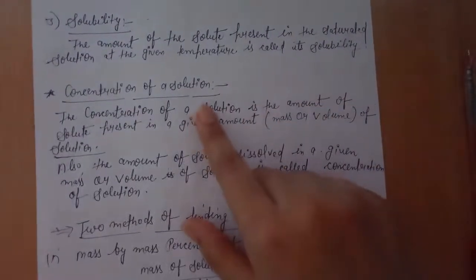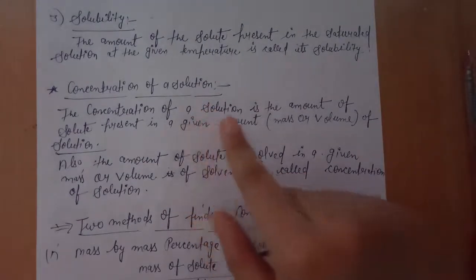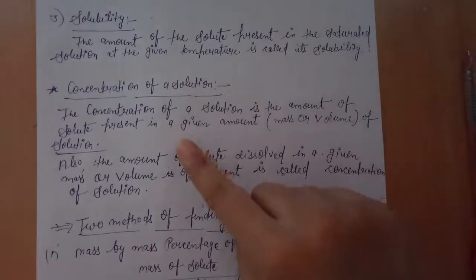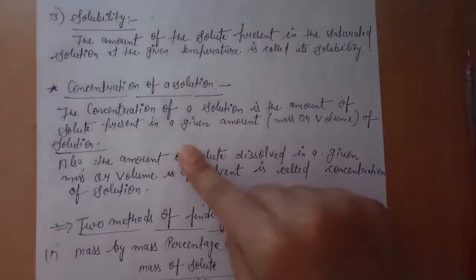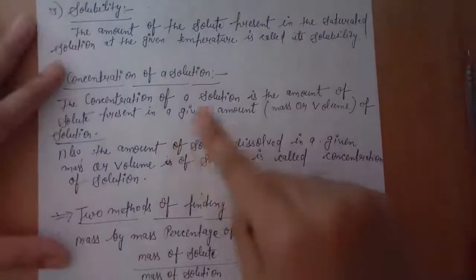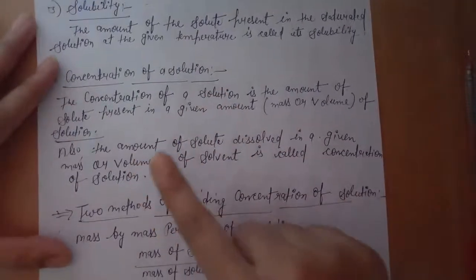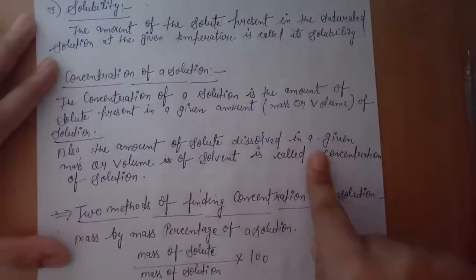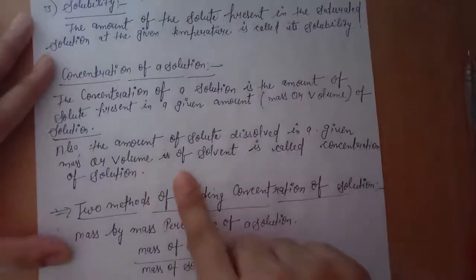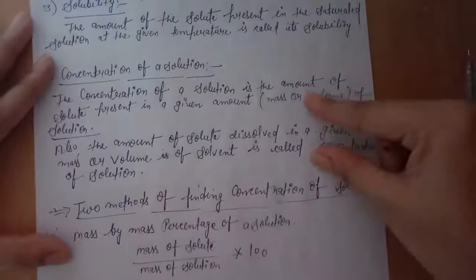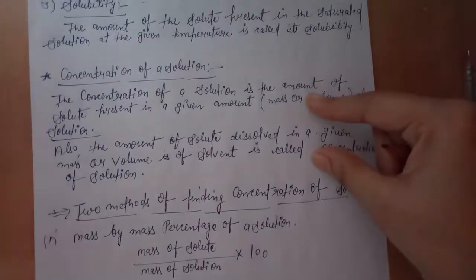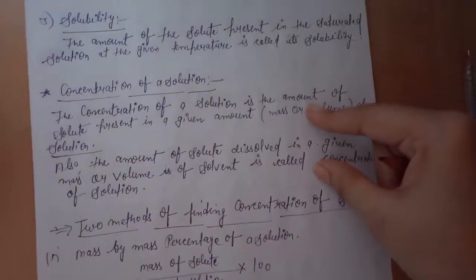The concentration of a solution is the amount of solute present in the given amount of solution. Or we can say that the amount of solute dissolved in a given mass or volume of solvent is called the concentration of the solution. By both these lines, the concentration of a solution can be defined.